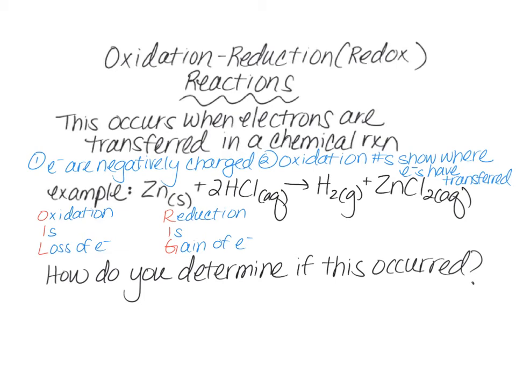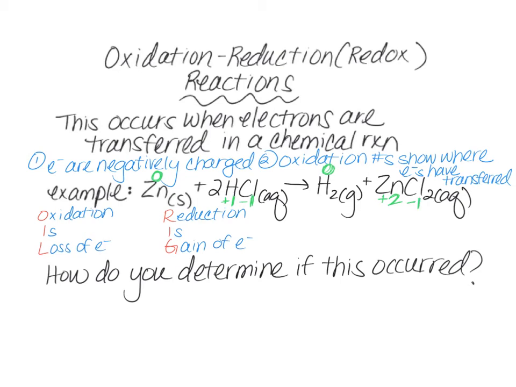I'll use green. So above zinc, zinc has an oxidation number in this state of 0. The hydrogen has a +1. Chlorine has a -1. On the right-hand side, this hydrogen has a 0. Zinc has a +2. And chlorine has a -1.